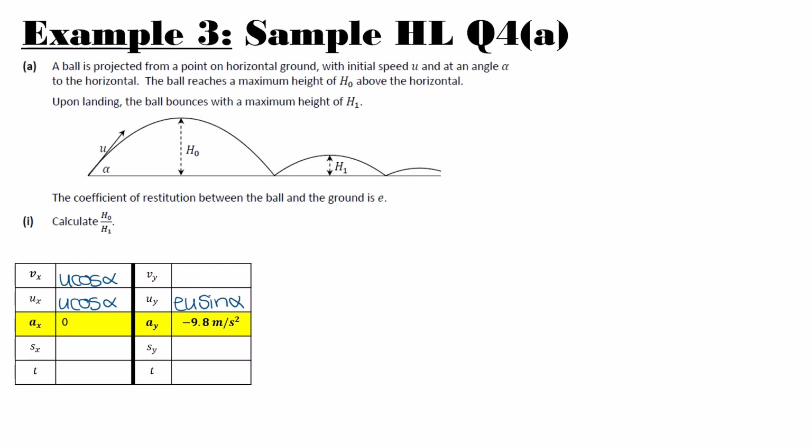So now we can work through our second bounce and find its greatest height. We have our new initial velocities gone in, and we're trying to find Sy, which we're going to call H1, when Vy equals 0. So we're going to focus in a y direction, and we're going to use v squared equals u squared plus 2as. So that is 0 squared equals (eu sine alpha) squared plus 2 times minus 9.8, or again, if you want to leave it in g, that's fine, H1.